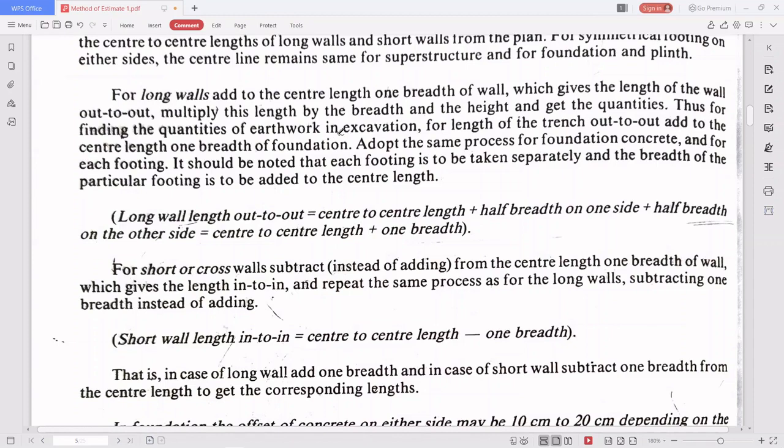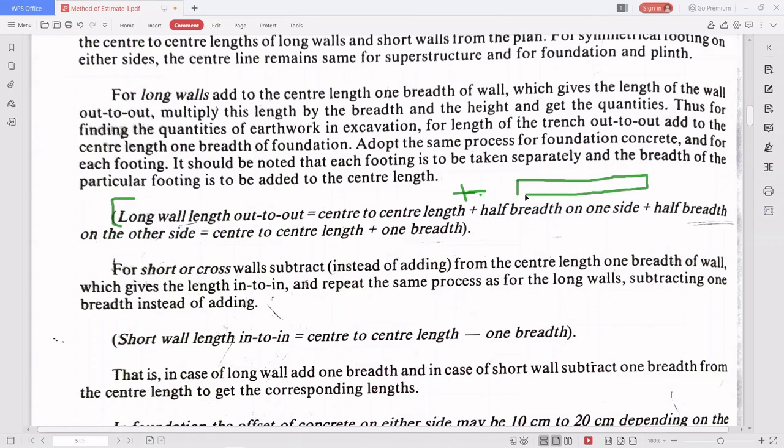Thus, for finding out the quantities of earthwork and excavation, for the length of the trench out to out, add to the center length. For long walls, for long wall length out to out, what we have to do? Calculate the center to center length first, plus half breadth of one side plus half breadth of the other side.